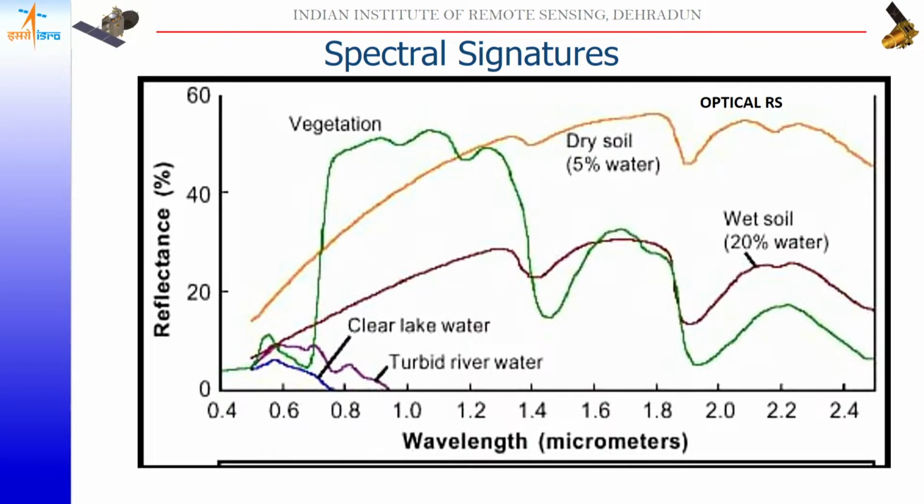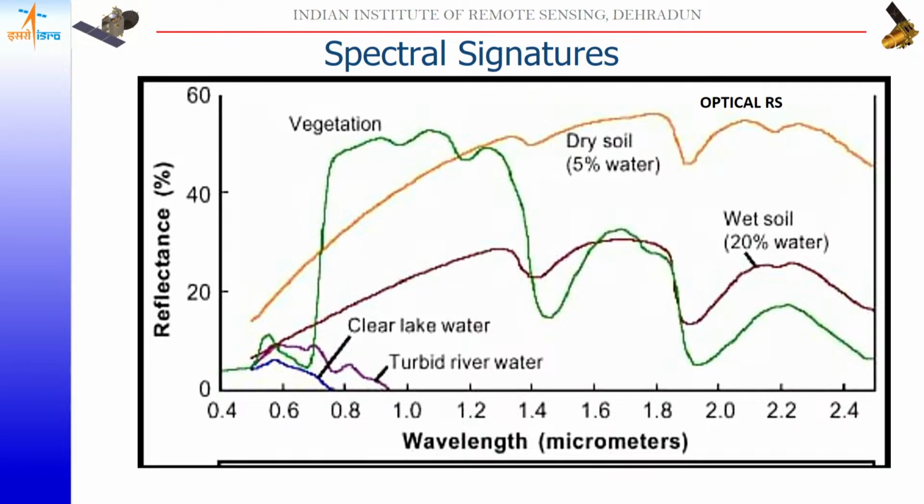So the spectral signature of, let's say here, vegetation is different from that of soil. Okay, the spectral signature of dry soil will be different from that of wet soil. The spectral signature of dry soil or sand and dry silt will be different, right? So you understand the concept that each feature in different stages also have a different spectral signature. You can identify them based on their spectral behavior.